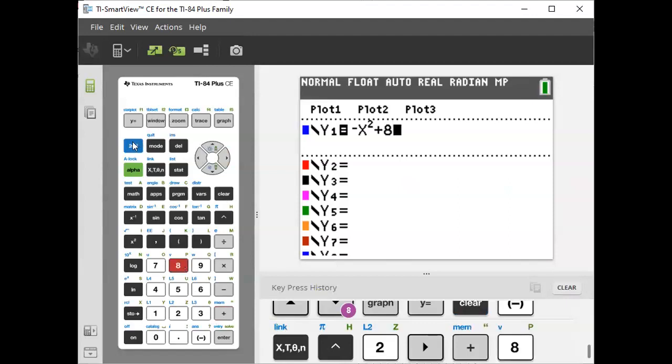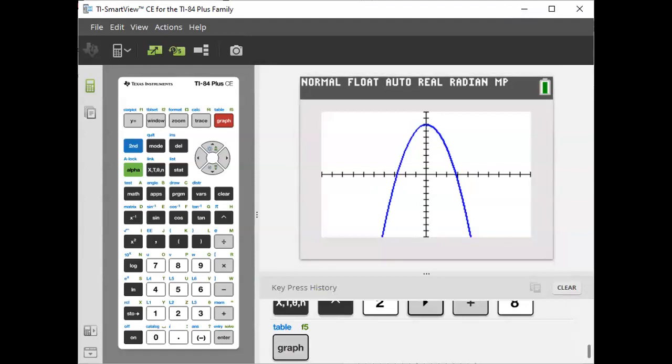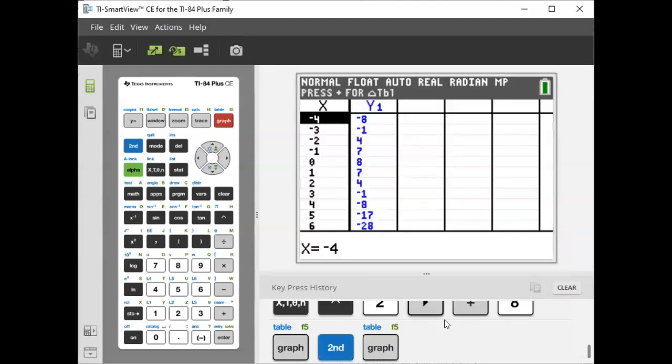Okay, and we want to go ahead and look at the graph. So this point right here, 0, 1, 2, 3, 4, 5, 6, 7, 8 is going to be the important one. You would go to your table and get the rest of the points from there.